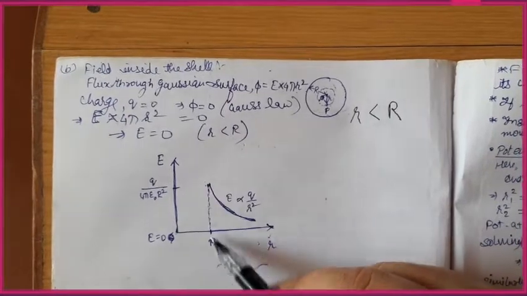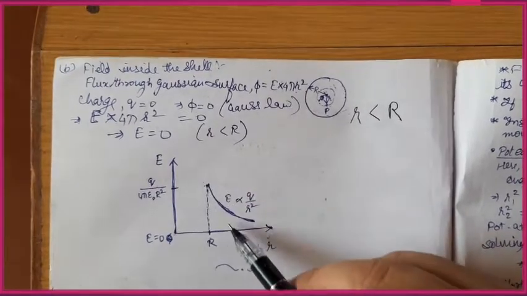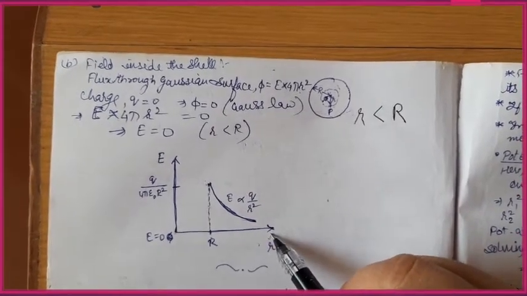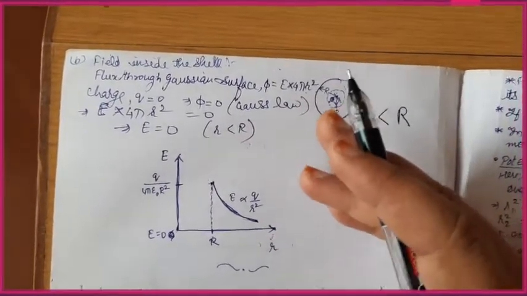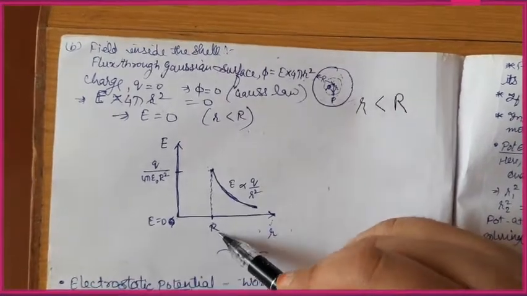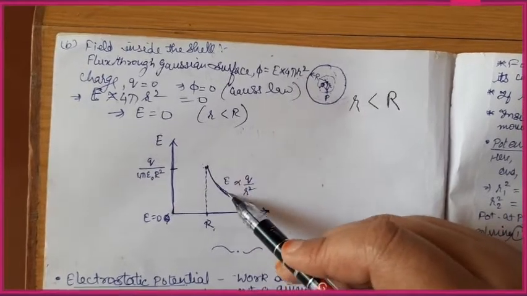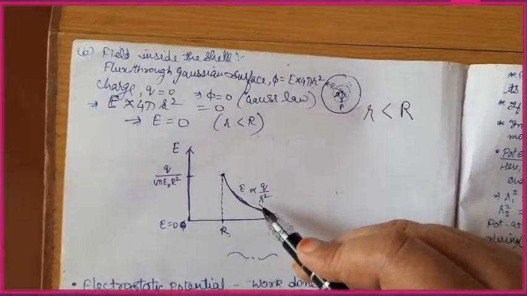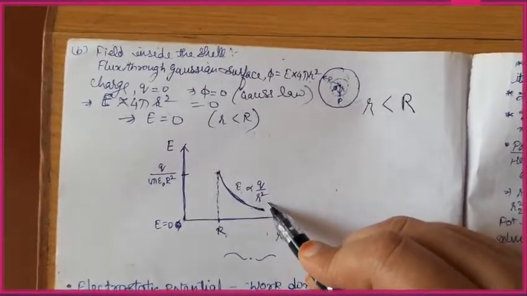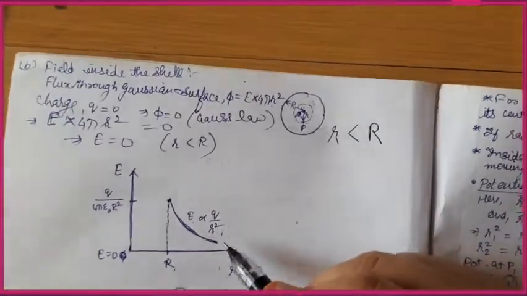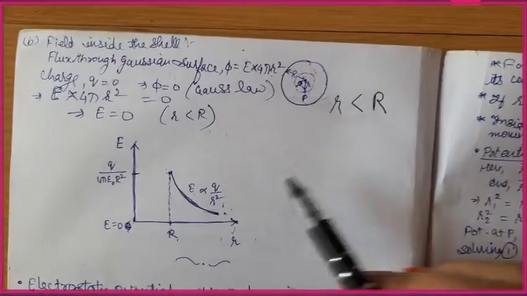And at the surface of the spherical shell, electric field has the maximum value, and as the value of r increases, as we go outside the spherical shell of radius capital R, the electric field decreases, because electric field is inversely proportional to r square. It changes inversely with the radius of the Gaussian surface r. This is an important graph.